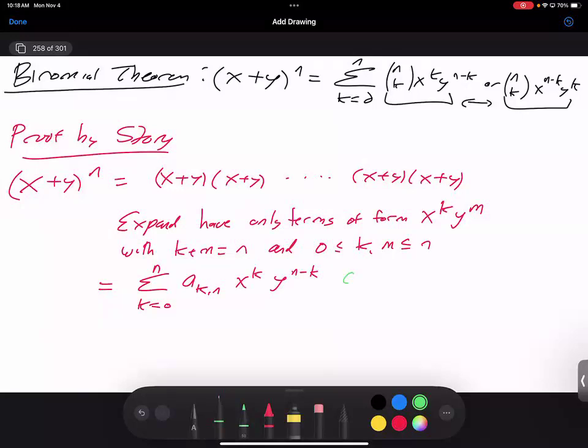We have to choose exactly k of the n (x plus y) terms for the x. The remaining give y. So how many ways can we choose the k factors that give us x?